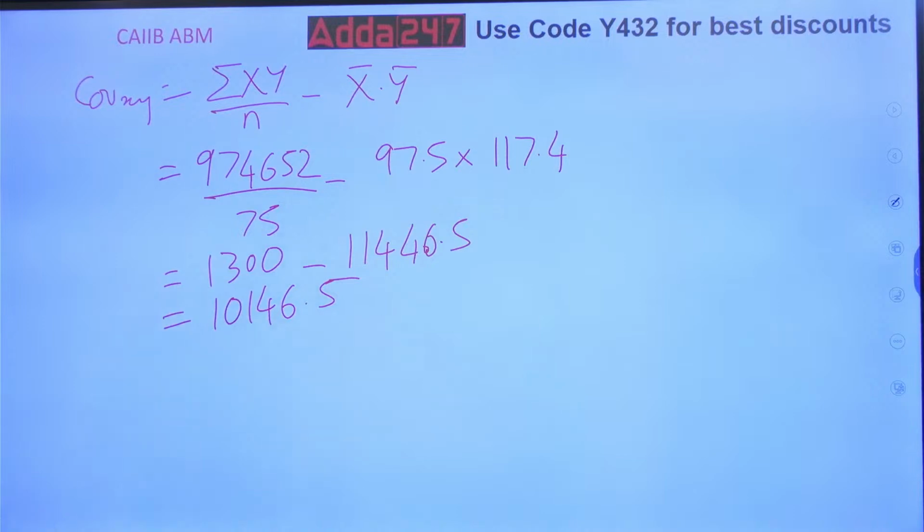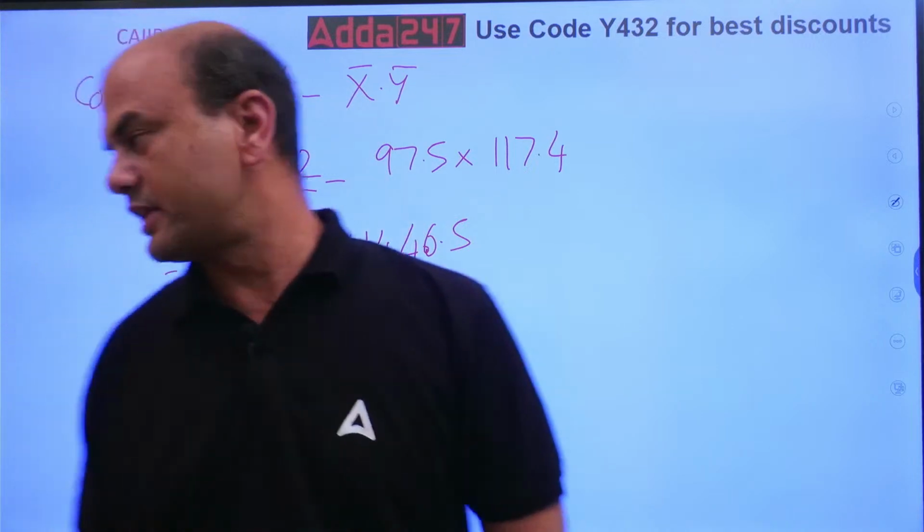You are getting it. Everyone check this. Are you getting this covariance? Are you getting this? So now R. What is R then?